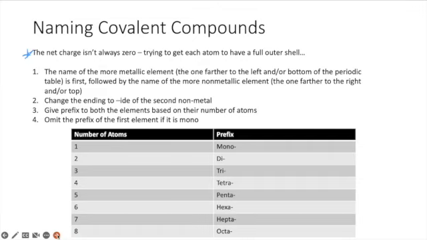It's not necessarily that they're giving away electrons, it's more so that they're sharing them and trying to create a full outer shell. So remember, this is between two nonmetals. And so sometimes we have to directly say how many of those atoms are in the name in order to determine the formula.